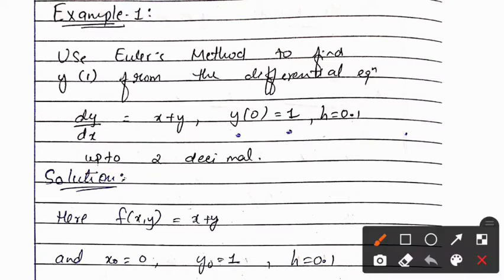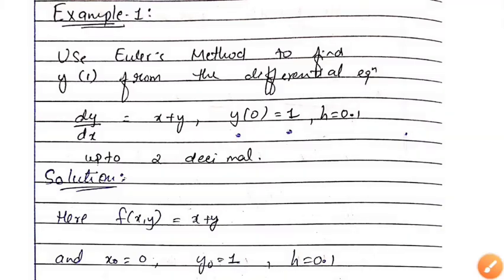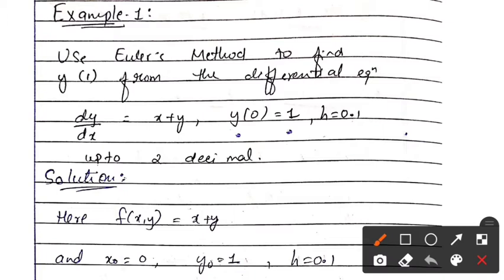See, you have to start the value of x from 0 and you have to take here h equal to 0.1. What you have to find is y of 1 here. Where do you have to start from? You have to start from 0, that means the value of x.